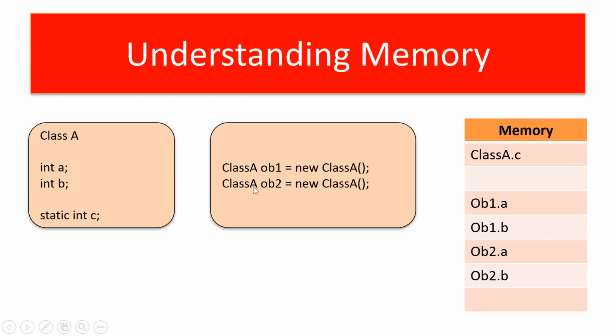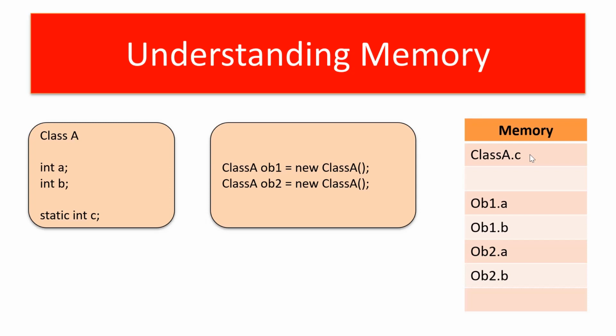Even if we had 100 objects for this class A, all those 100 objects will have the same common memory allocated for C, that is, the static variable. We will proceed further to best understand the concept with example code.